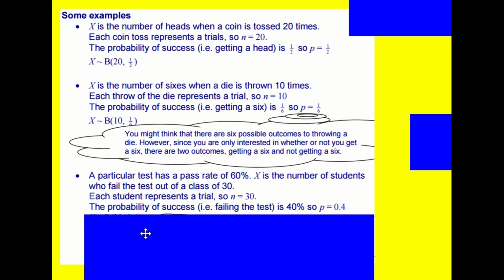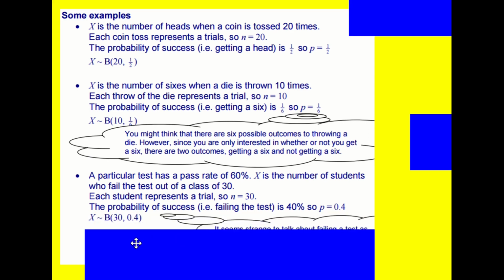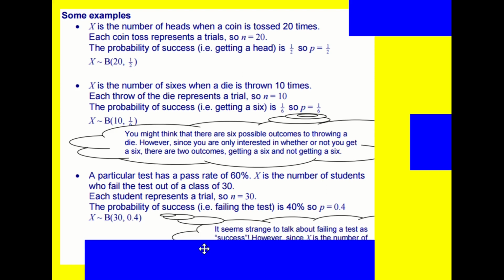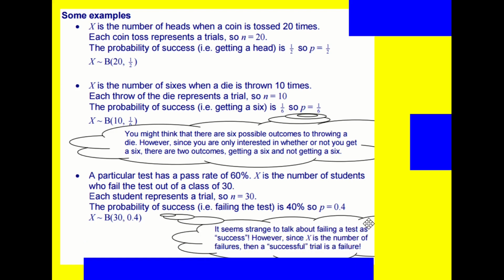It's a bit contradictory, but we define P to be a success as such, but it could mean anything. It could be getting heads or a 6. It could be failing a test. So actually, p is 0.4, and then we can write down our distribution: X follows a binomial distribution 30, 0.4. So it seems a bit strange, but hey, we can still use a binomial distribution in this way.